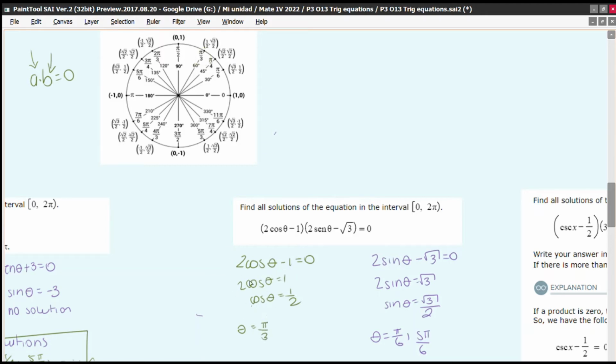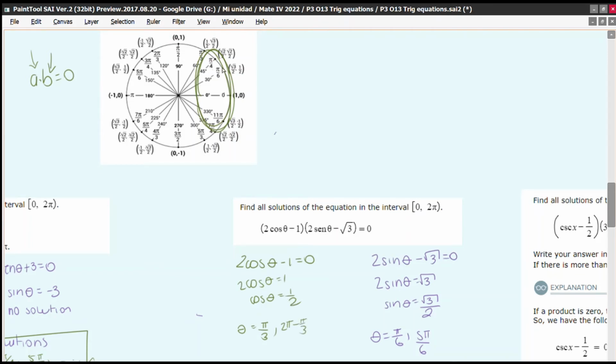But again, cosine has 2 places where it is worth 1/2. Where this is a positive value, where is cosine positive? In quadrants 1 and 4. So my possible solutions are pi thirds and 2 pi minus pi thirds.